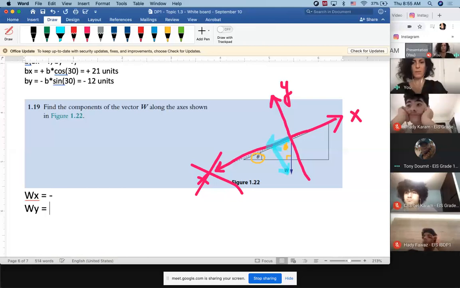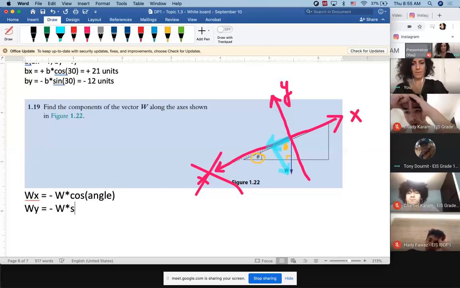What about Wy? It's also negative. Okay, so this, I'm going to write W. By the way, W represents the weight, multiplied by. The x-axis, let's call this a tiny angle. I'm going to call it angle. Do you use cosine or sine for the x component? Okay, I'm going to say cosine angle, all right, because it's not theta, and this is sine angle.